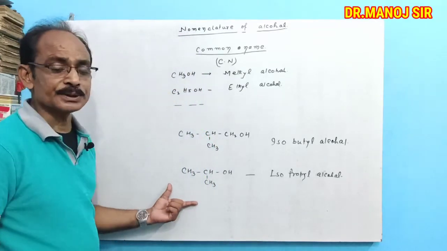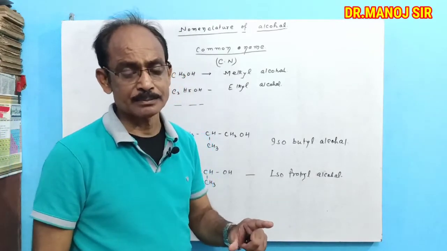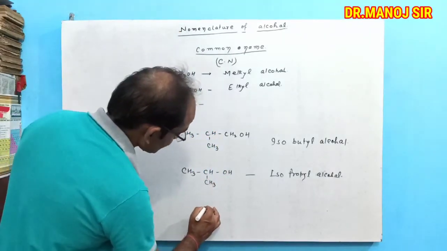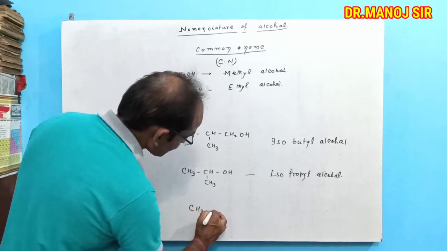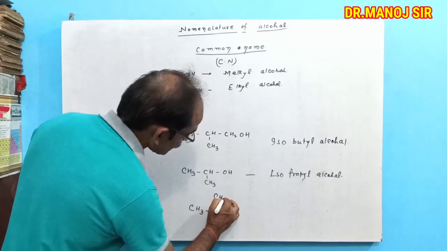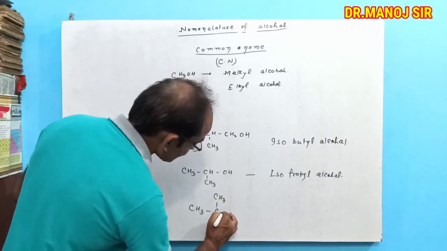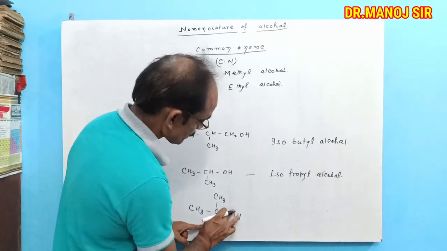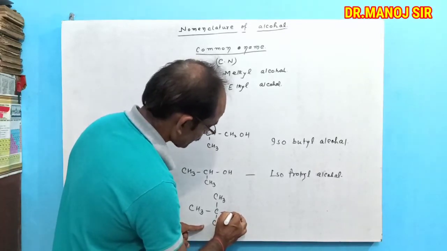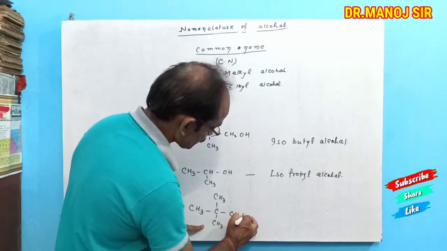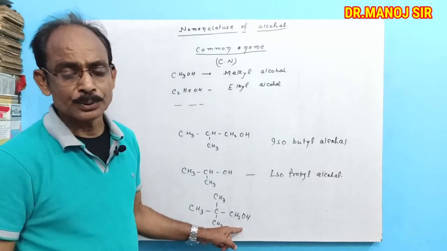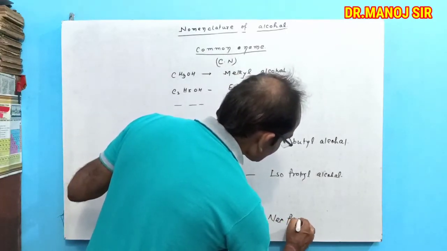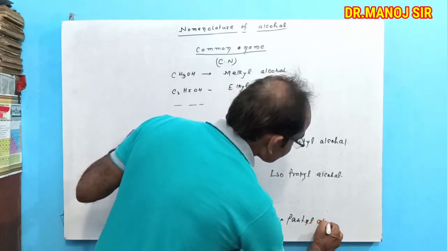And this is another structure that is known as neopentyl alcohol, in which one carbon is bonded with three CH3 radicals, therefore neo, CH2OH, that is called neopentyl alcohol.